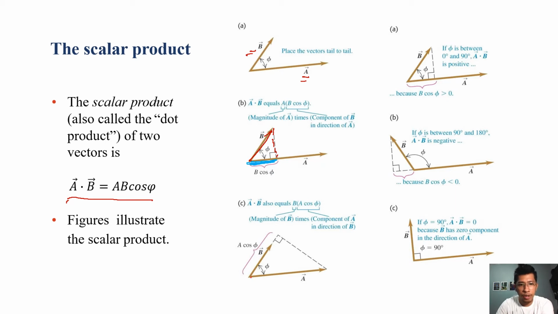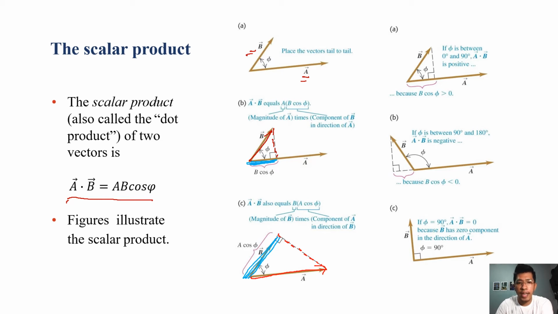So we have here your vector A, and then we project this onto the axis of B. We have this projection here, which is just adjacent to your angle phi. This is equal to A cosine phi. So your A dot B is also equal to the projection of A onto your vector B.